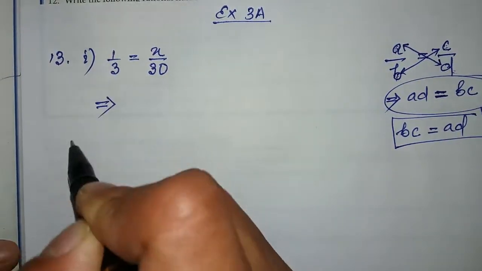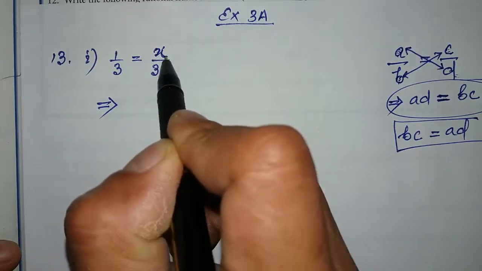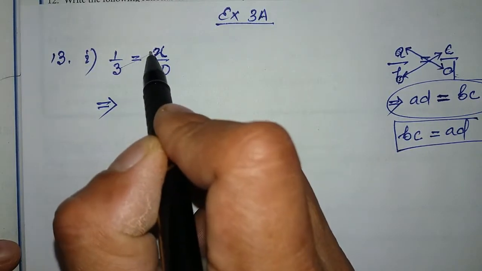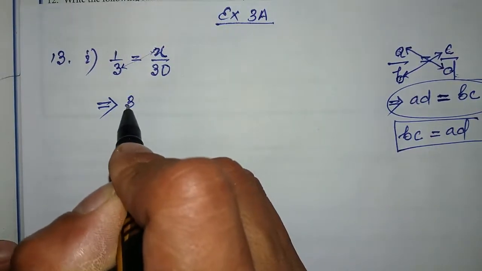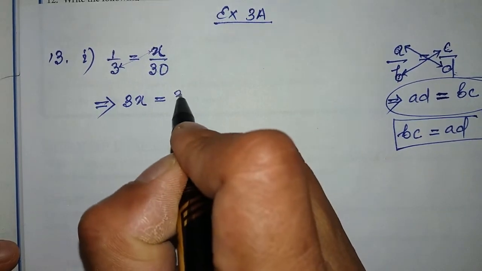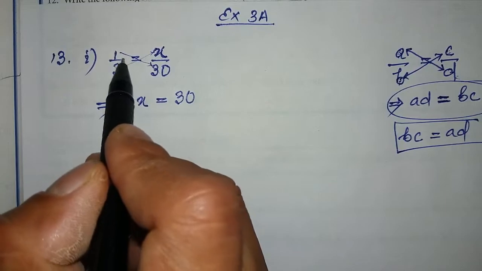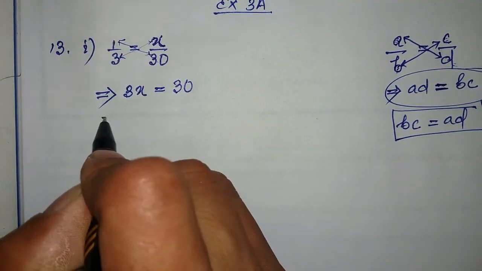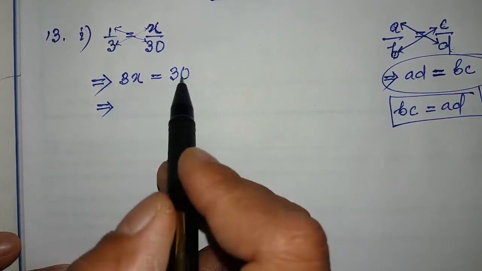So now here let's cross multiply this. Since x is here and we're going to find out x, let's cross multiply these two first. So 3 into x is 3x, and 1 into 30 is 30. Now what you will do is you will divide both sides by 3.